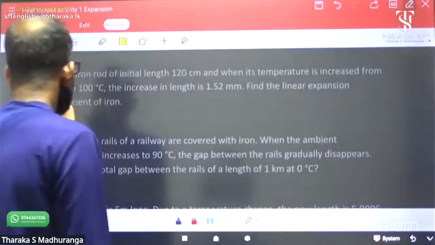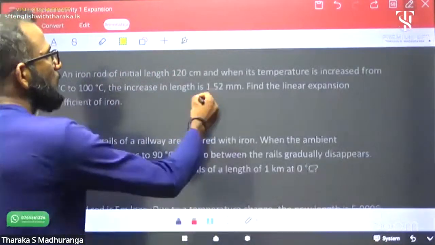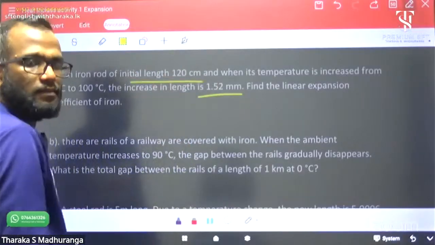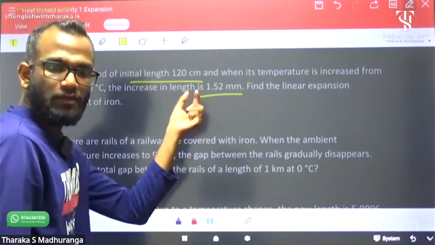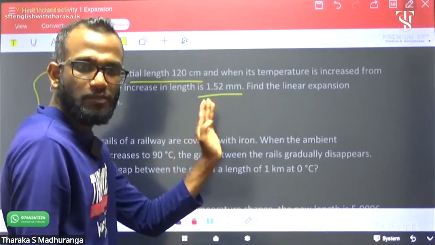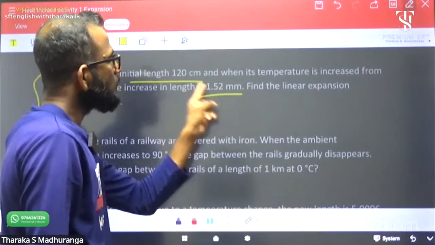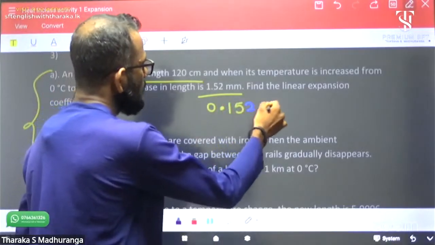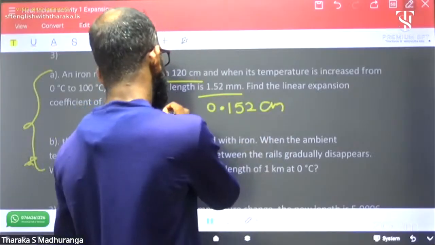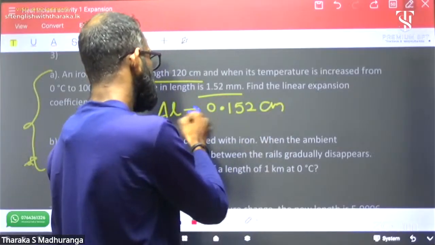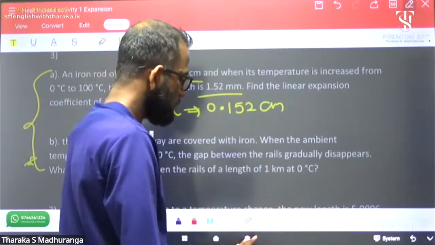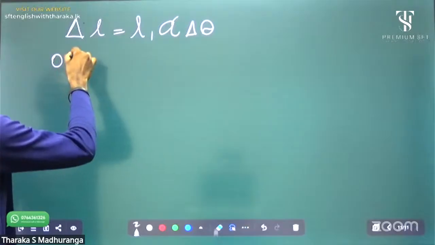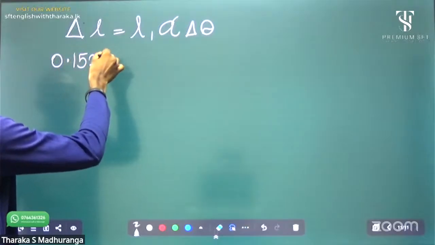But the problem: delta L is given in millimeters, initial length in centimeters. Therefore, we have to get both into the same unit for substitution. Let's make it centimeter. 0.152 centimeter, right? That's the delta L.